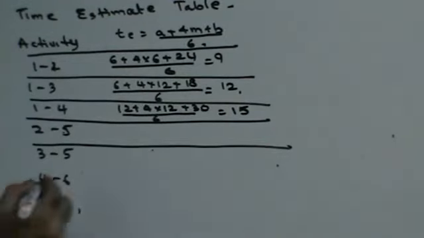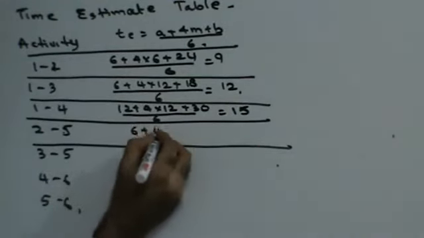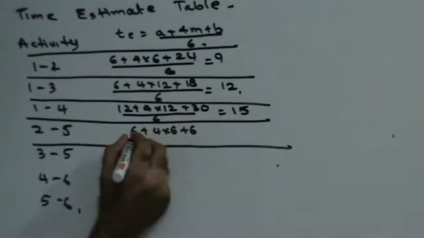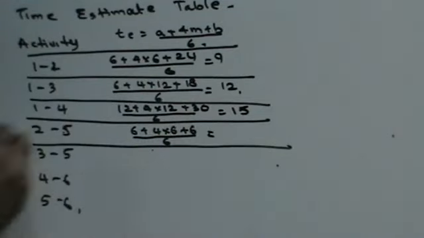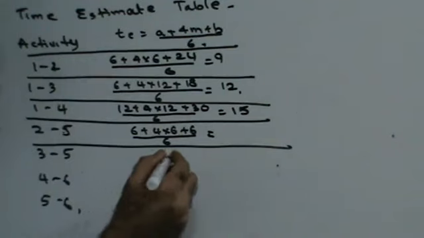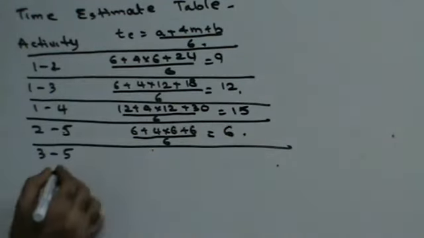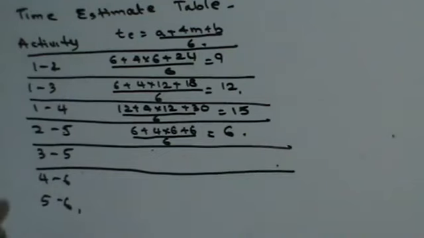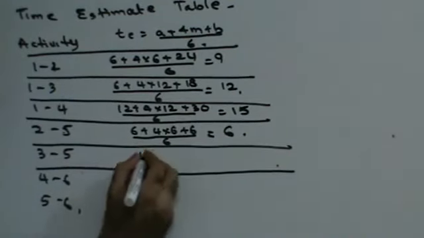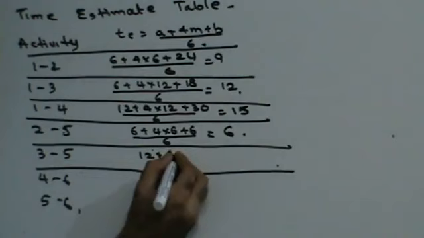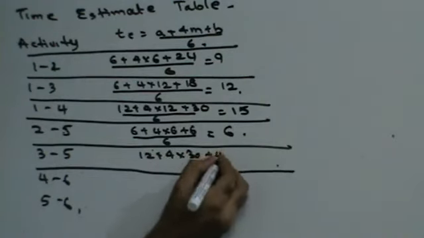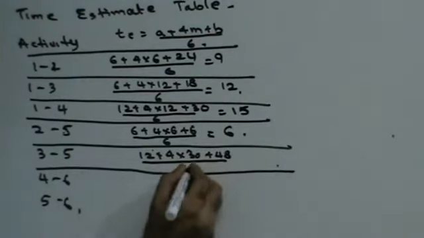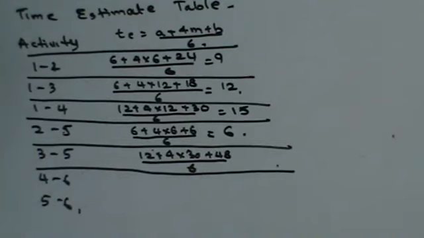Next, for 2 to 5, it will be 6 plus 4 into 6 plus 6 upon 6. When you solve this, you will get 6. Next, it will be 12 plus 4 into 30 plus 48 divided by 6. When you solve this, you will get 30.